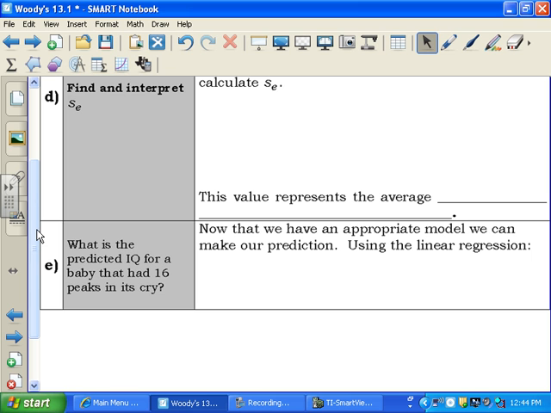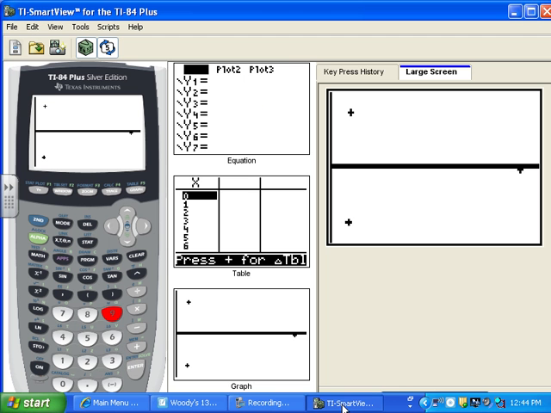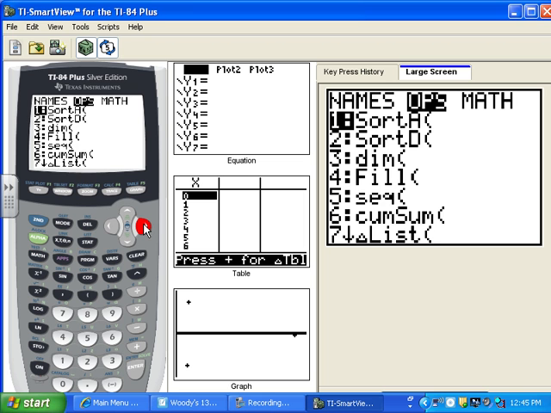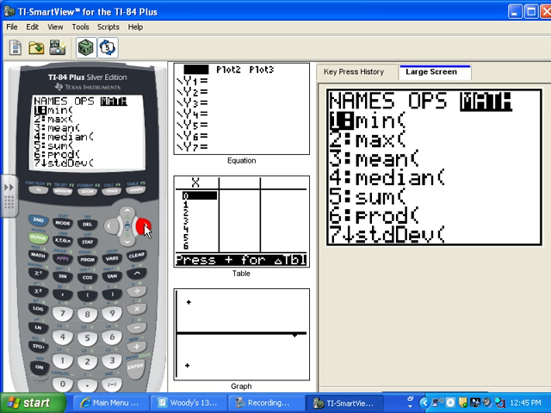Next up is the standard error. A reminder that standard error is the square root of the sum of the squares of the residuals divided by n minus 2. We can calculate that one real quickly. What I would do in my calculator is just go to list, go to math.